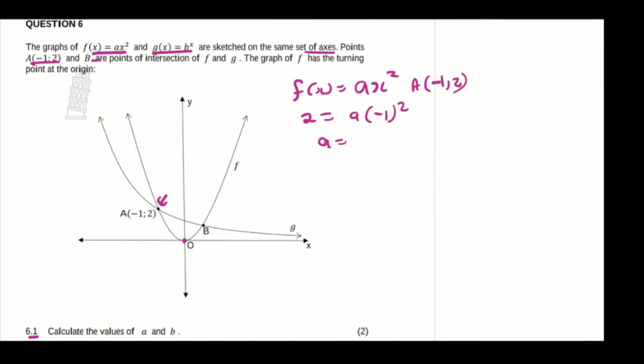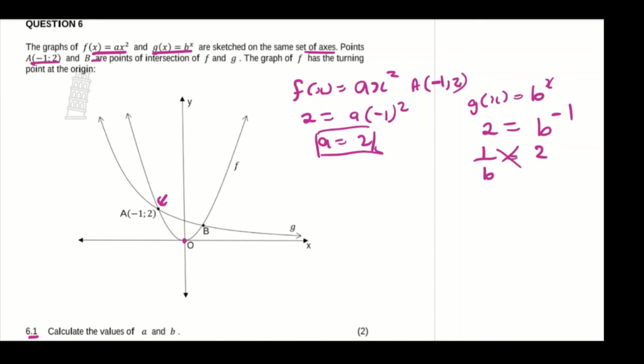So a is equal to 2, right? And then for g of x, which is b to the power of x, our y is 2 equals b, which is unknown, to the power of minus 1. And then it's 1 over b is equal to 2. Cross multiply, we have 2b equals 1. b is equal to 1 over 2, right? So we have found our values of a and b.